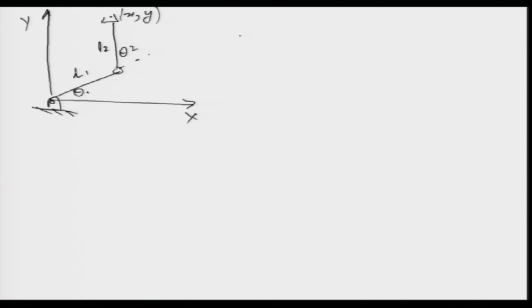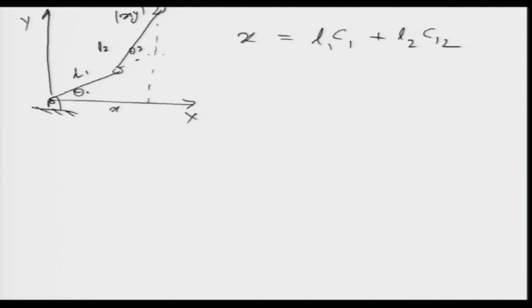So, I am going to write x in terms of L1 cos theta 1 plus L2 cos theta 1 2. You can see that if I draw it a little bit here, this is my x, y, and this is theta 2. So, essentially when I say x 1 is equal to L1 cos theta 1, this is my x 1, and this is my x, and that is my y, in terms of coordinates.